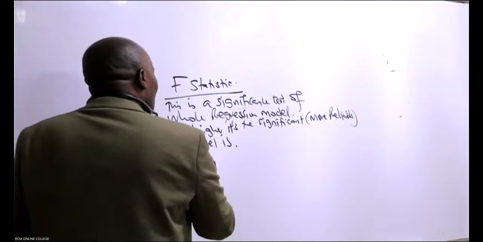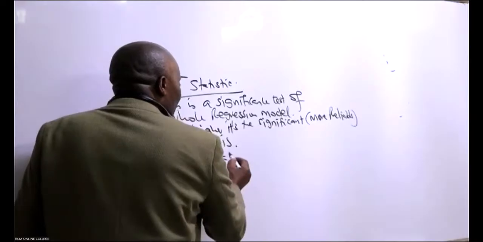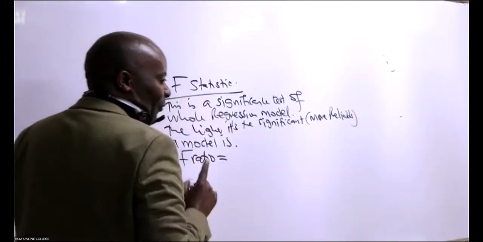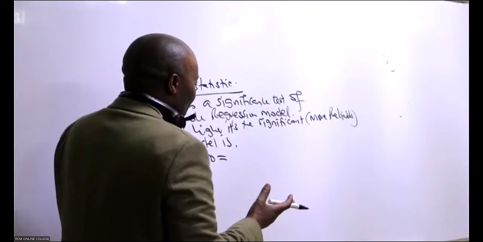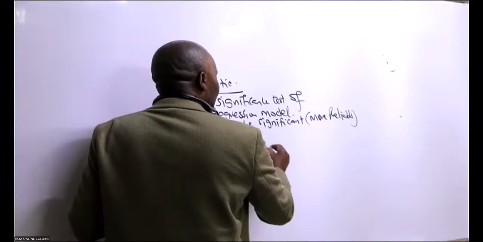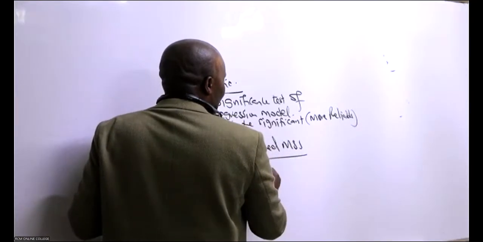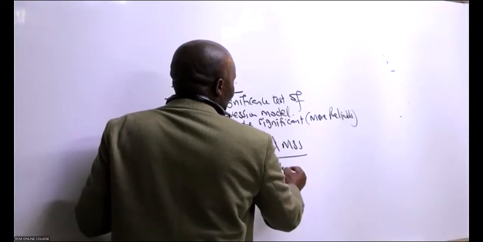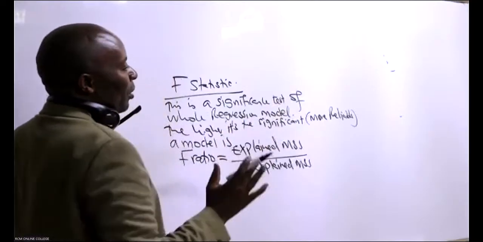And then I'll go ahead and give them the formula for getting the F ratio. Do you still remember this formula? That's what they're trying to explain with so many words. F ratio equals who? Explained MSS all over unexplained MSS. If you do it that way, you will end up getting all the marks.